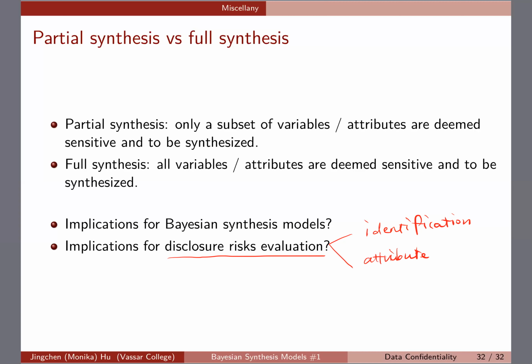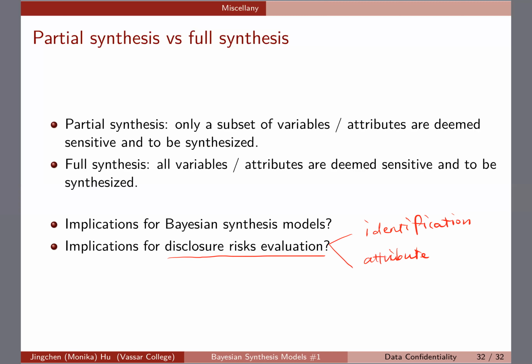Identification disclosure, just to refresh your memory, is trying to find out the identity of a record. Attribute disclosure is the disclosure of someone's sensitive value, so you're trying to infer what that is. So my question is about partial synthesis and full synthesis.